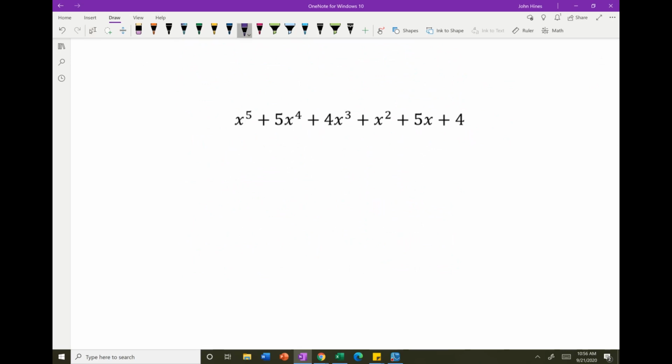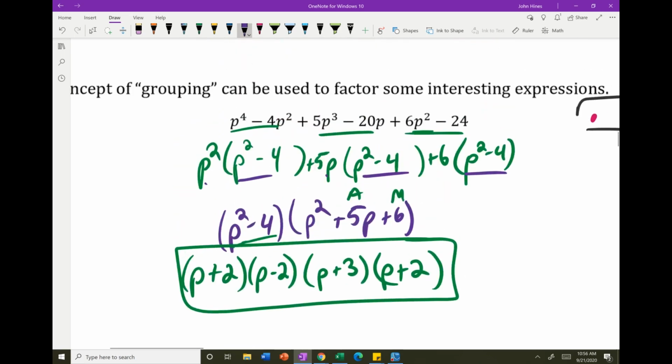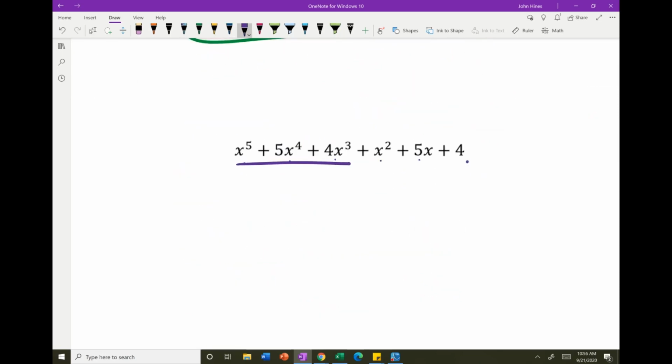All right, let's see how many terms we've got here. 1, 2, 3, 4, 5, 6. Well, by the fundamental law of classroom examples, if this was 3 groups of 2, this one's probably 2 groups of 3. So let's start by doing that just to see. GCF x to the third out from there.